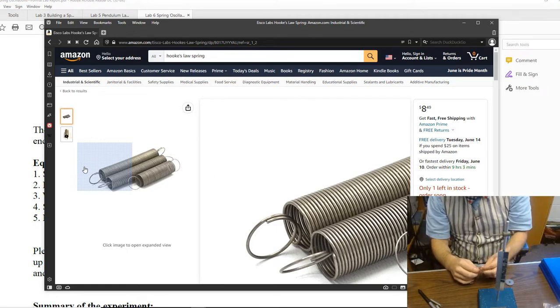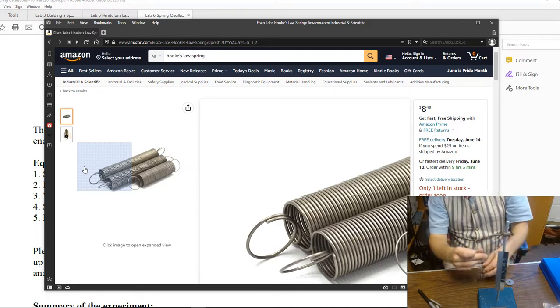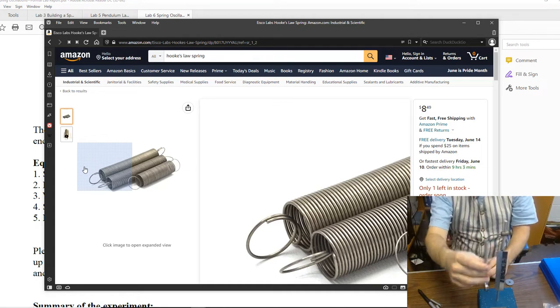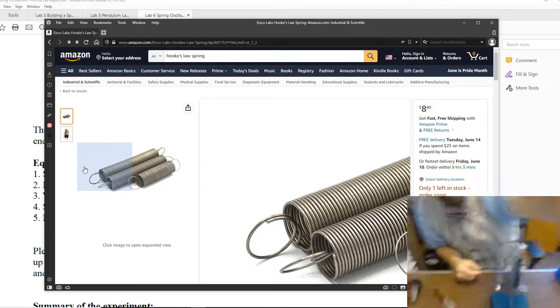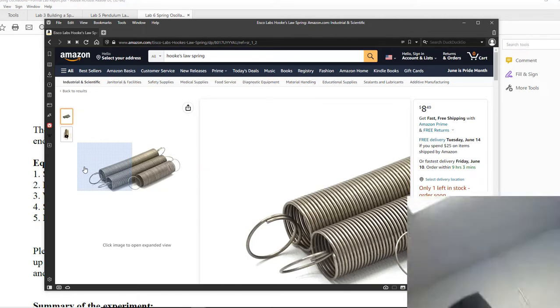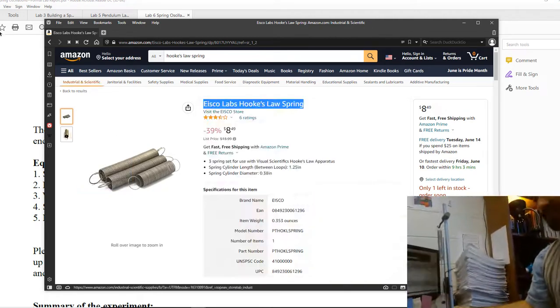So let's see if I can get them attached in some way to this spring. Okay, so then we hook it on like this. You should be able to see it. I'm actually going to move the camera to a different angle.